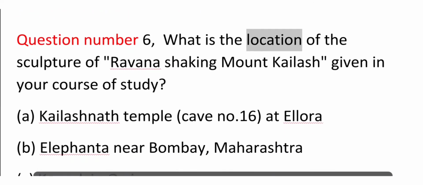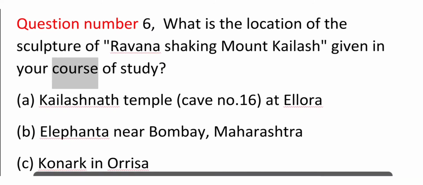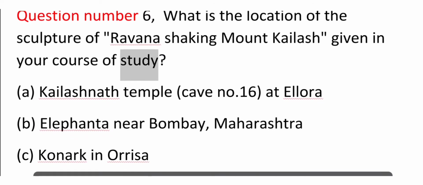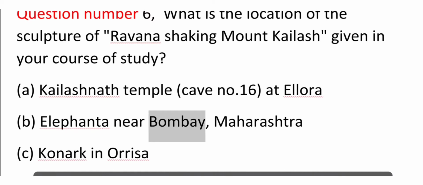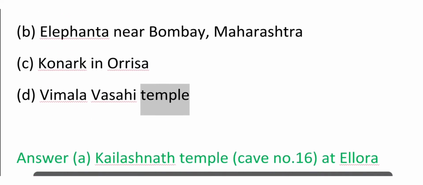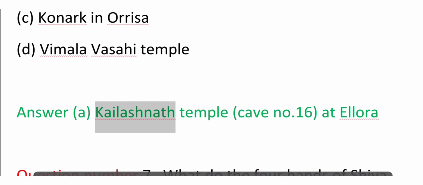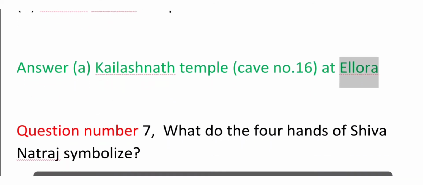What is the location of the sculpture of Ravana shaking Mount Kailash given in your course of study? A. Kailashnath Temple, Cave number 16, at Ellora. B. Elephanta near Bombay, Maharashtra. C. Konark in Orissa. D. Vimalavasi Temple. Answer A. Kailashnath Temple, Cave number 16, at Ellora.